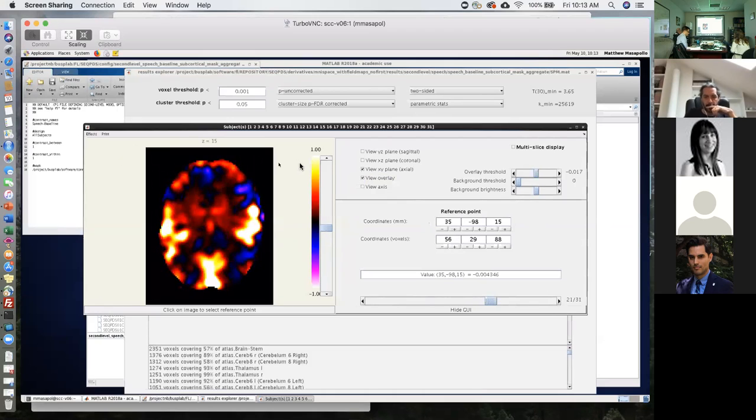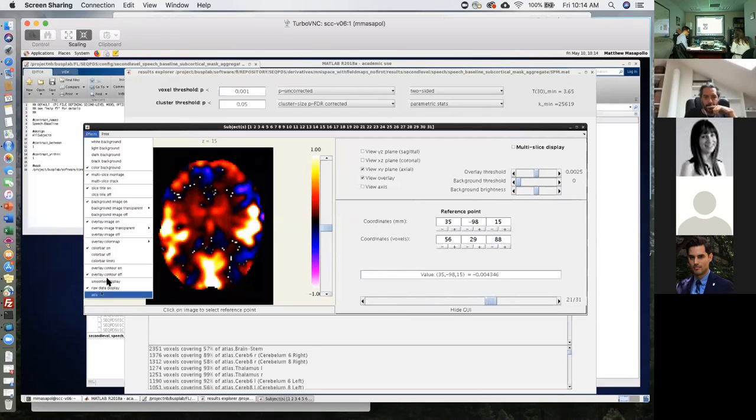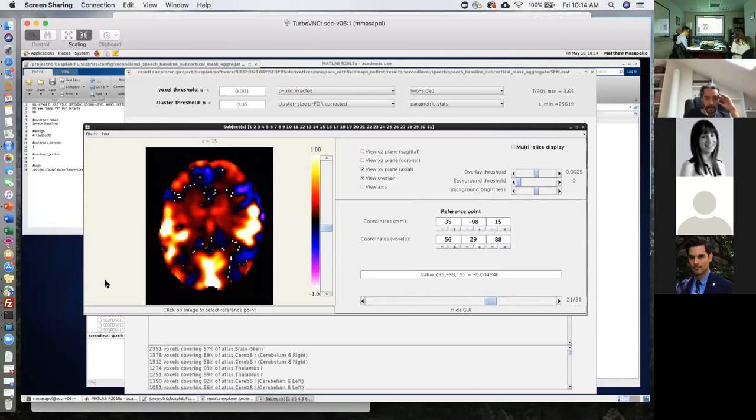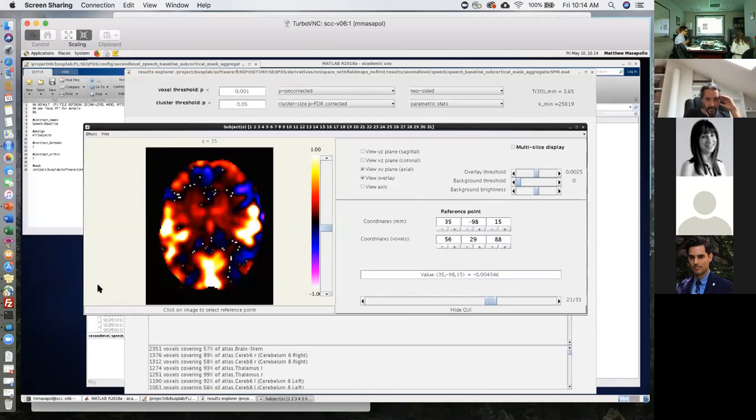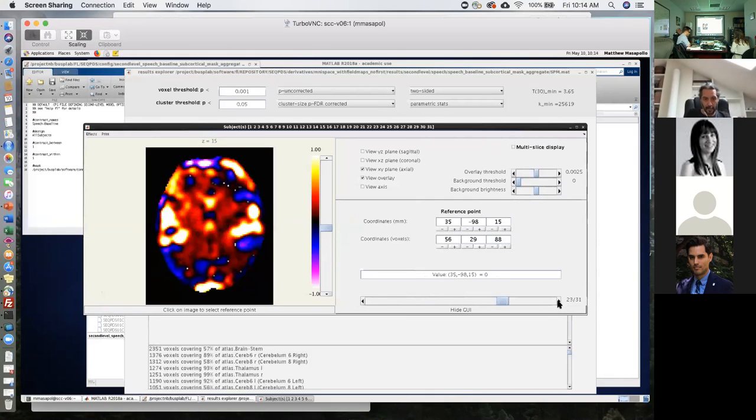Perhaps I can use that. The problem is that something that is masked out appears in black, and something that is in the ventricles appears in black as well, or transparent if we decide not to show it at all. So that makes it a little bit more complicated.